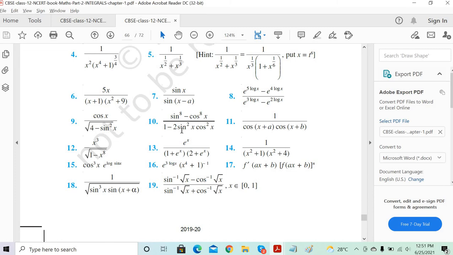So sin power 8x minus cos power 8x divided by 1 minus 2 sin square x cos square x. It looks pretty simple.